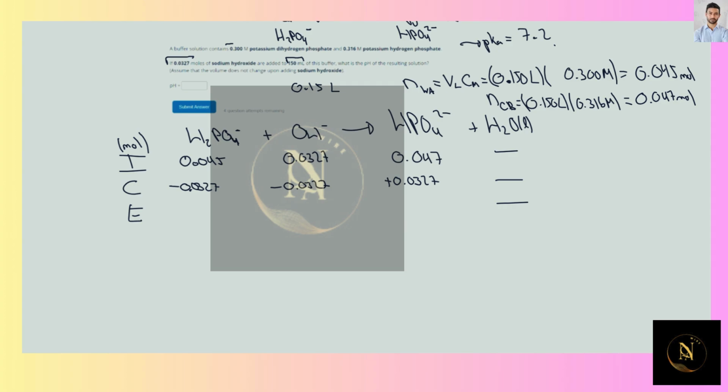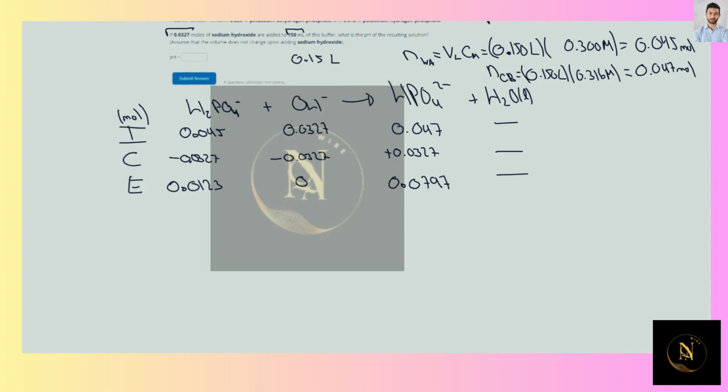This is going to give us that at equilibrium we're going to get 0.0123, 0, and 0.0797. All of this is going to be in amount of mole.